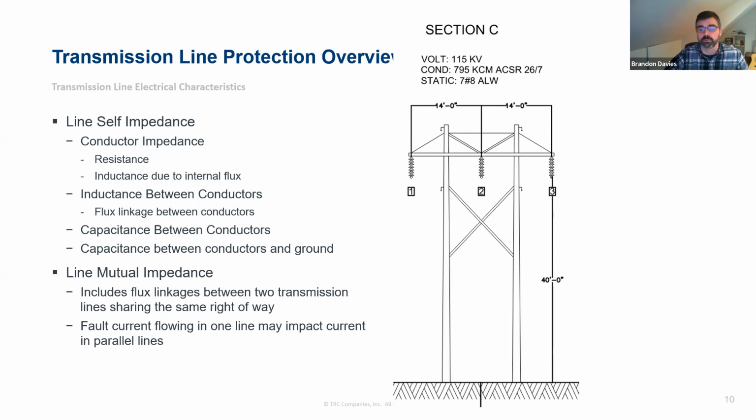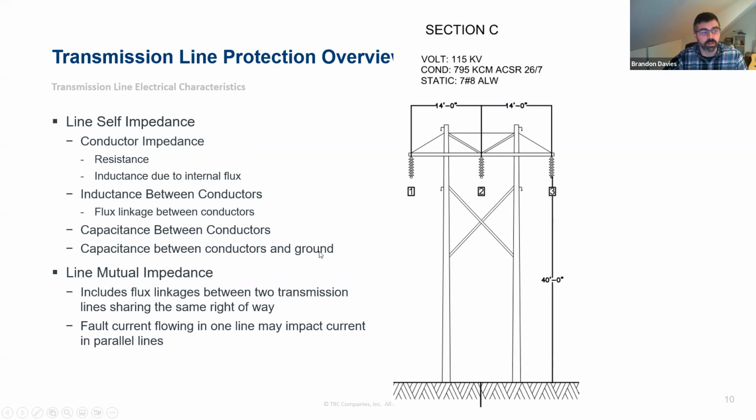So it might come out and say we've got a certain amount of R plus jX for a positive sequence, and that's per mile. So if you've got a 15-mile long line, you can go through and do the math and come up with the electrical parameters. That software will also do the same thing to evaluate the mutual impacts of other lines.